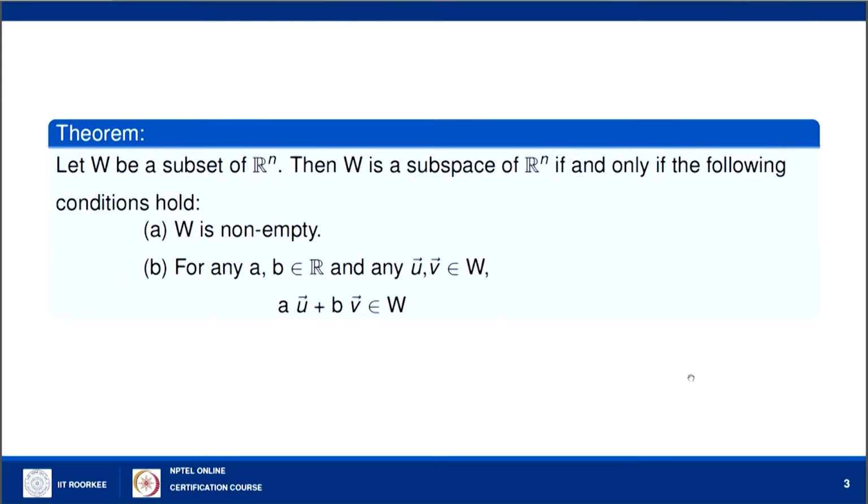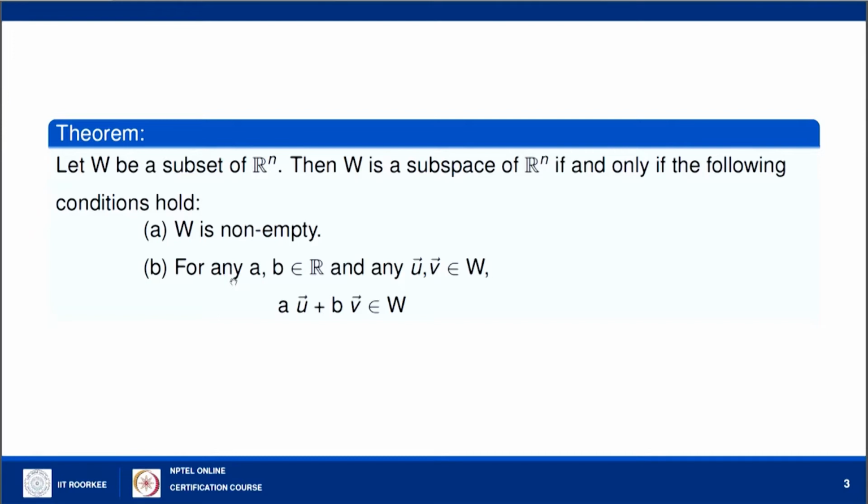We have a very important result about subspaces, which is coming from the alternate definition only. Let W be a subset of Rn, then W is a subspace of Rn over the same field if and only if the following conditions hold. The first condition is W is non-empty, that is there should be 0 vector in W. So, if there is the 0 vector, it will not be empty.